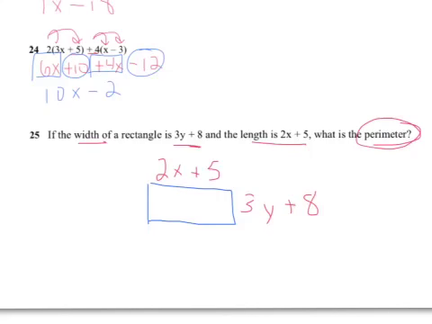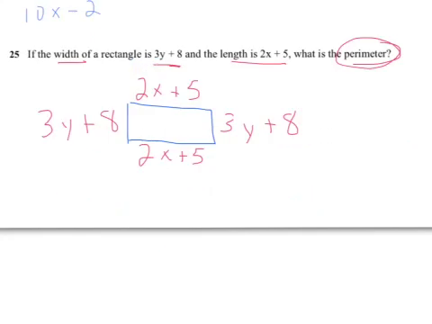So that means I need to go ahead and write the other sides down as well. So 3y plus 8 and 2x plus 5. So it's exactly the same as it was before, except they're just not all lined up. So I'm going to take all of the x's that I have, and I'm going to add all of them up. Then I'll take the y's, and then I'll take the constants.